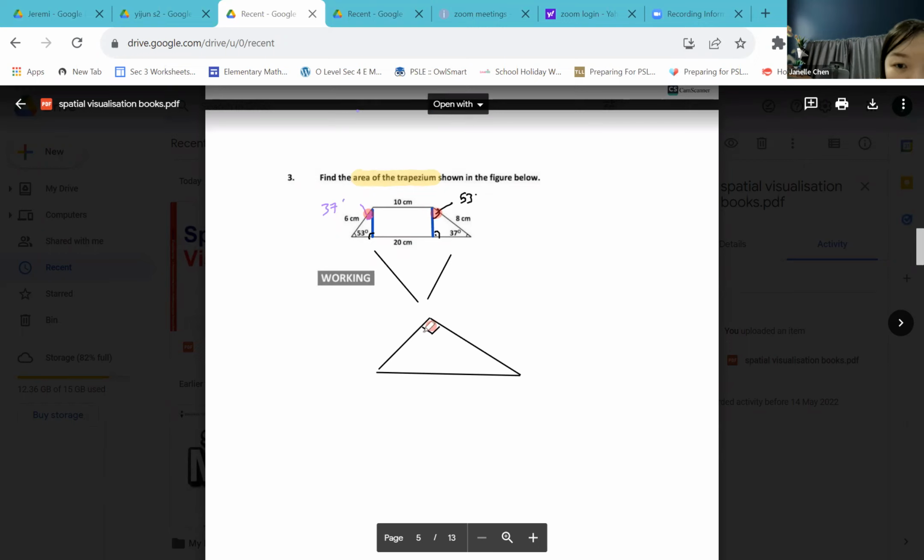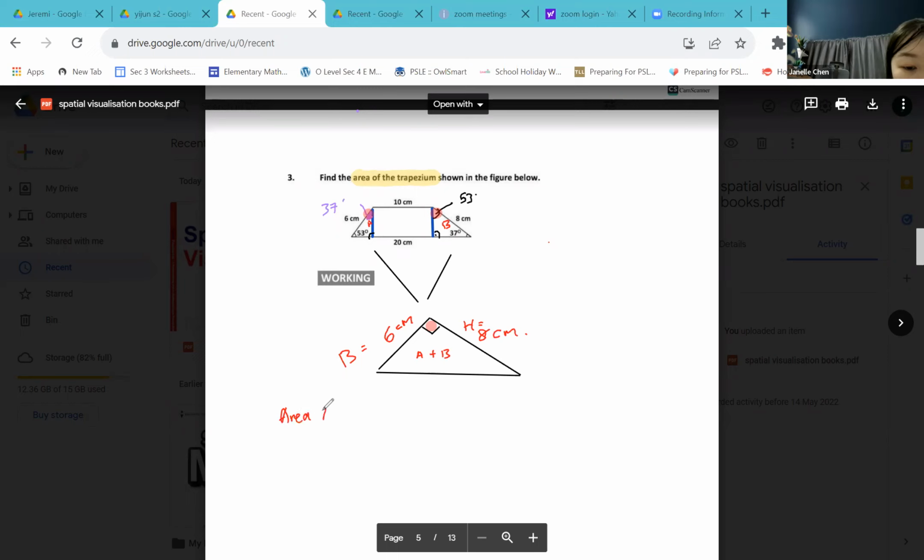So if I do get that 90-degree angle, it means this part was given as 6 cm and the other side here is given as 8 cm. So I actually have my base and height. Meaning I can at least find the two triangles. Let's say I label this as triangle A and this as triangle B, I will be able to find my triangle A and triangle B area, correct or not?